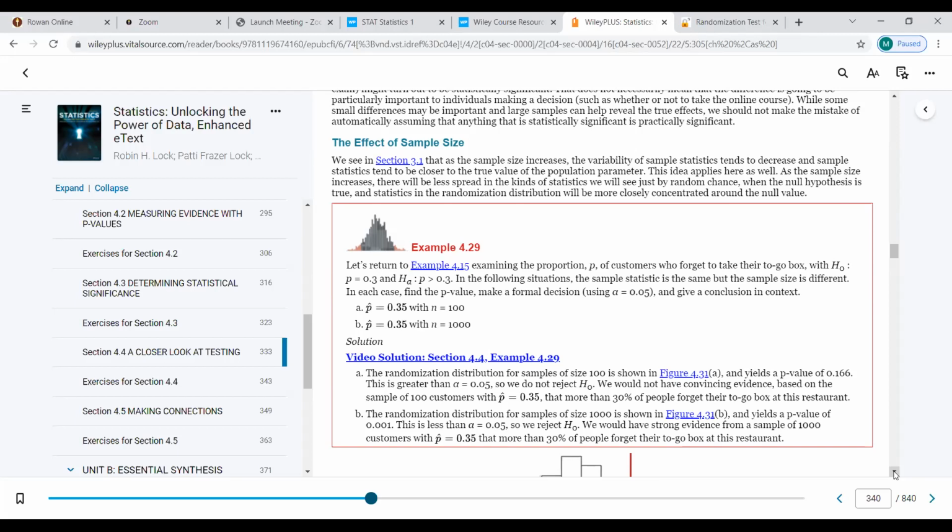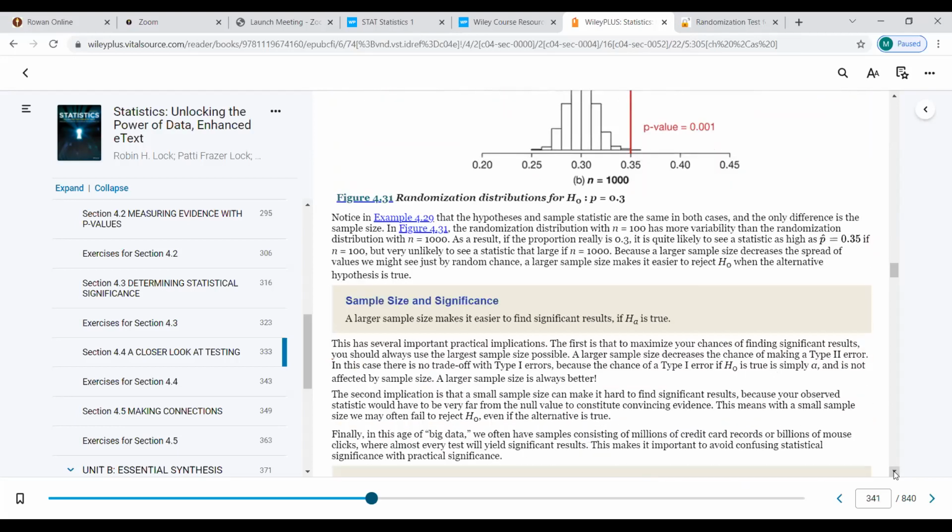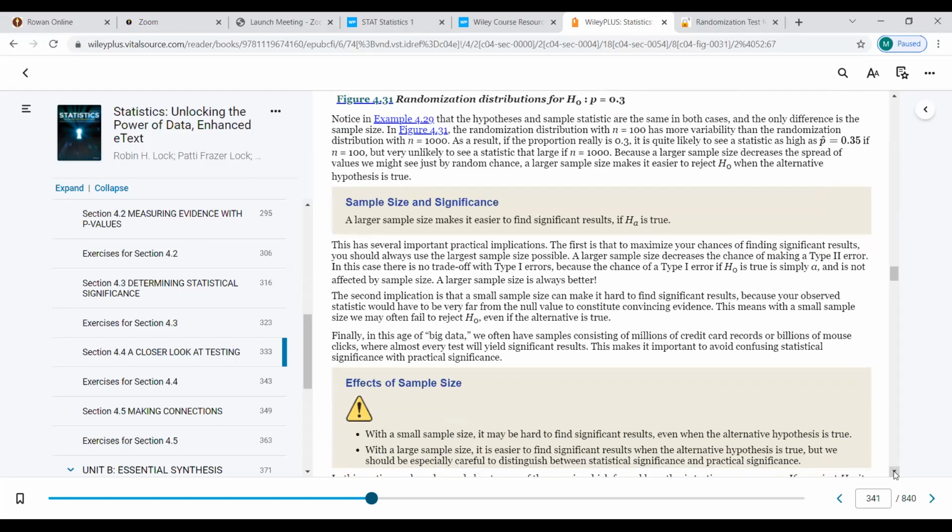Sometimes if the sample size gets too big, we're going to end up almost all the time rejecting the null hypothesis. It's just a subtle little thing that they're bringing up here. Not something to worry about right now. It just makes it easier to find significant results if the alternative hypothesis is true. But we'll go over that again later.